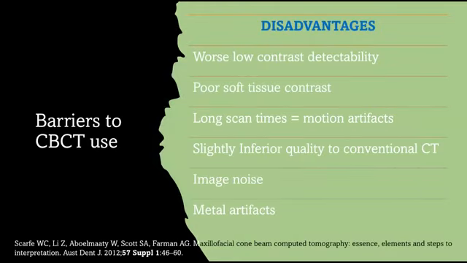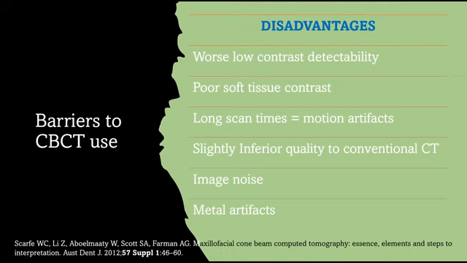Like the advantages, there are some barriers to the use of CBCT. The image quality and the diagnostic accuracy of the CBCT scan is affected by scatter and beam hardening. Beam hardening artifacts are caused by high density structures such as enamel and radio-opaque materials.